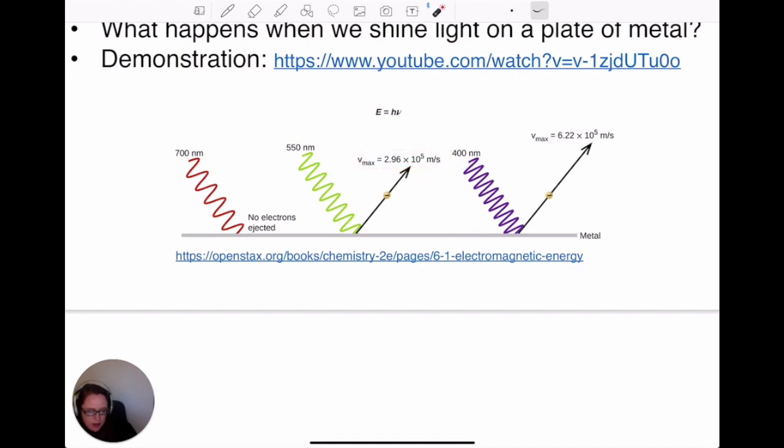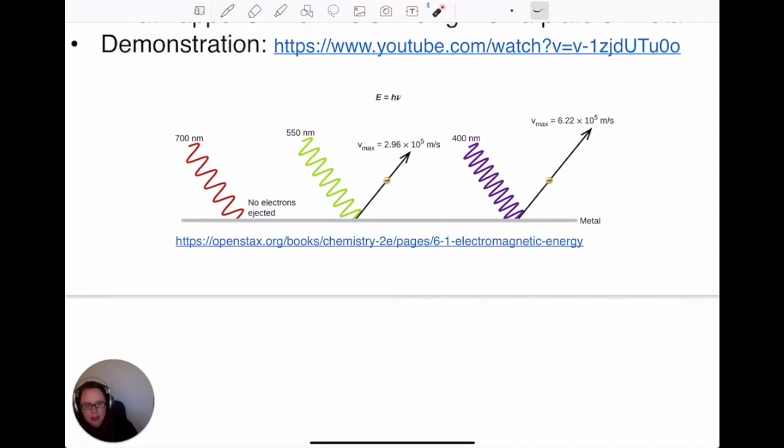And then here we have even higher energy light, so higher frequency. This will also pop off an electron, and now the velocity is going to be higher. So now we're at 6.22 times 10 to the 5th meters per second. Before we were at 2.96 times 10 to the 5th meters per second.